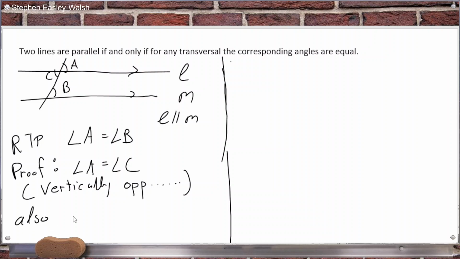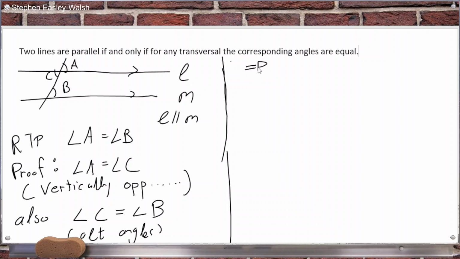Also, angle C equals angle B because they're alternate angles on the diagram. So that's because they're alternate angles.